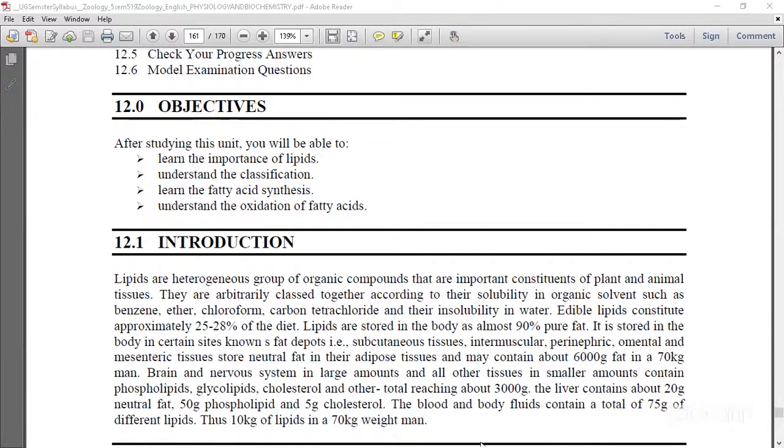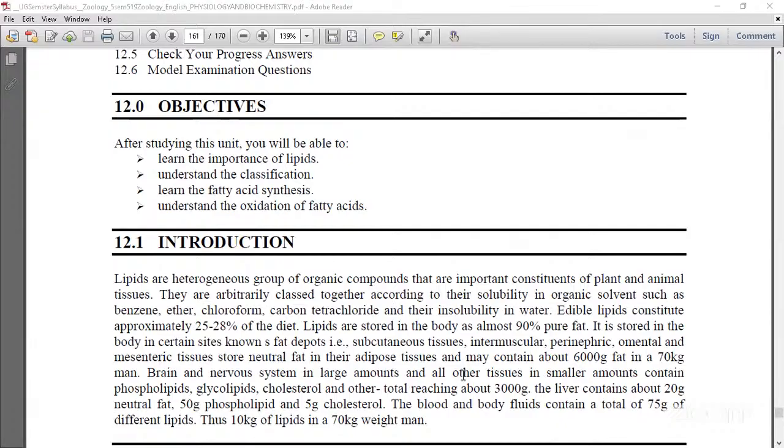The brain and nervous system in large amounts, and all other tissues in smaller amounts, contain phospholipids, glycolipids, cholesterol, and others, totaling about 3,000 grams.